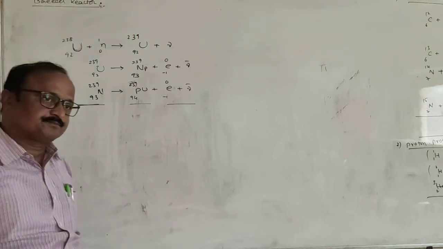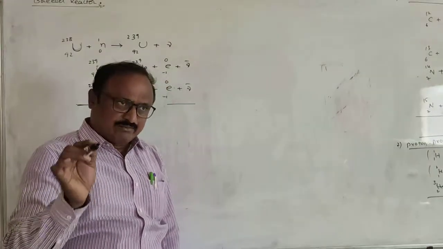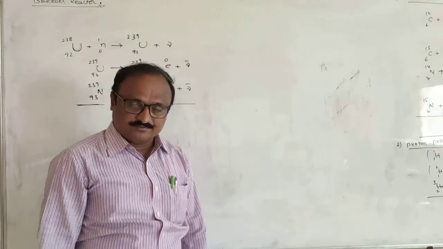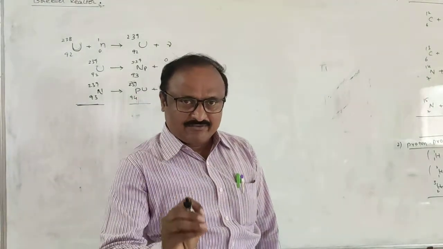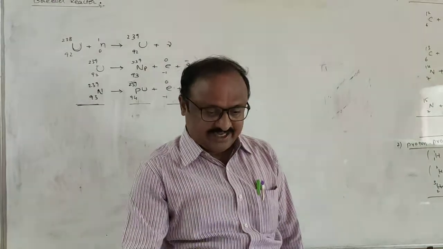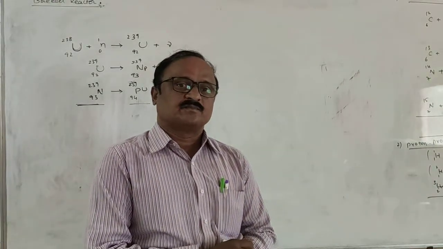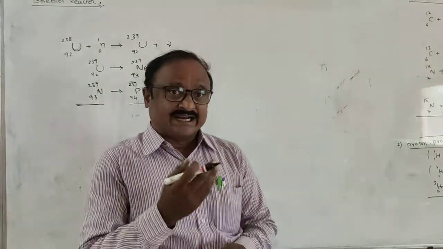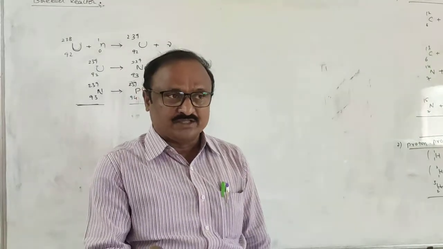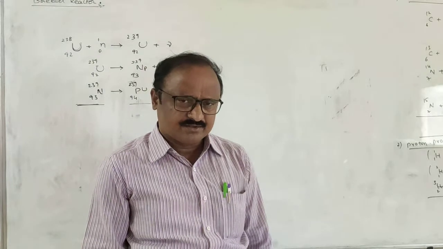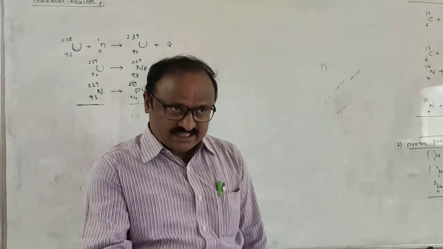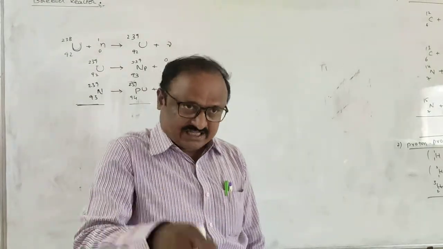Say for example, uranium-235 is the fuel, right? Suppose 2 grams of fuel is consumed in the breeder reactor. Again, the reactor itself produces 4 grams of uranium, which means it produces more fuel than it consumes.